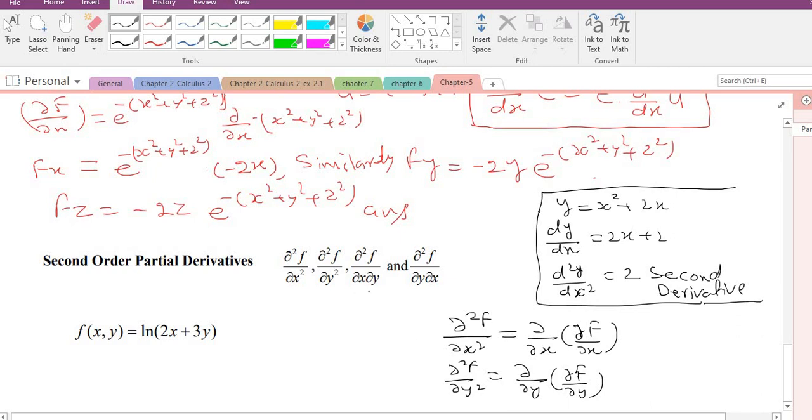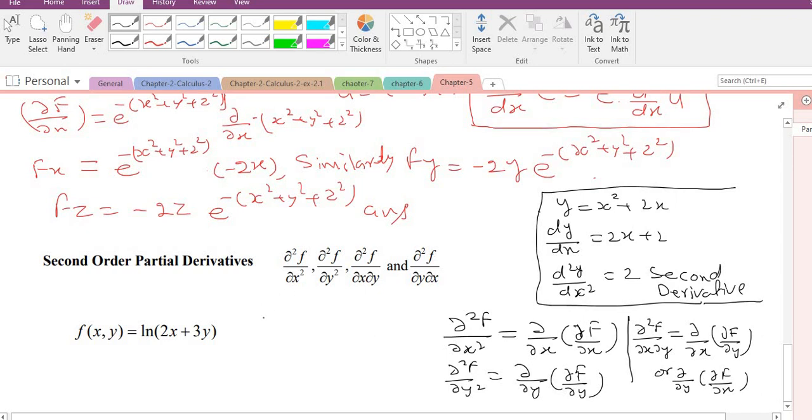And for del 2 f del x del y, we can use del x of del f del y, or we can use del y of del f del x. Both have the same meaning. If you know del 2 f del x del y, then we can write del 2 f del y del x, because both have the same answer.